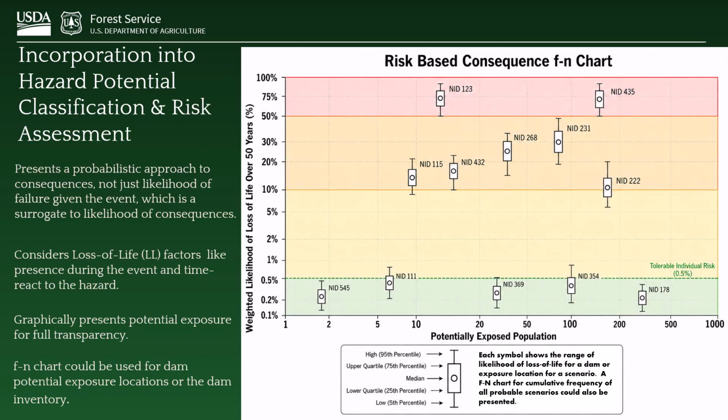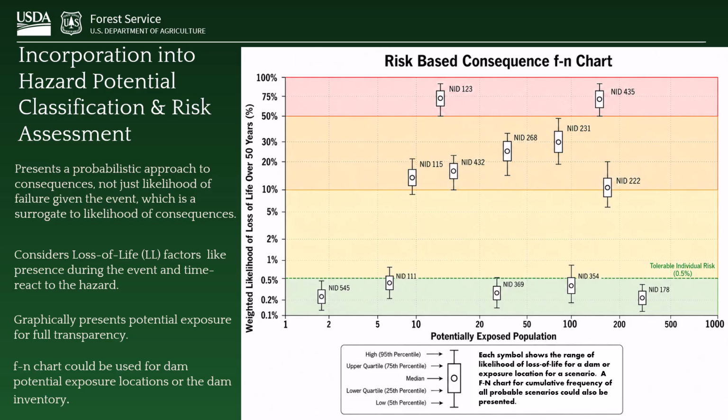The proposed model introduces a more robust, probabilistic approach to estimating risk, rather than relying solely on the likelihood of failure, which is often used as a surrogate for the likelihood of life loss. Although the current formulation is deterministic, it can readily incorporate probability distributions for key inputs and produce confidence ranges for loss of life estimates.